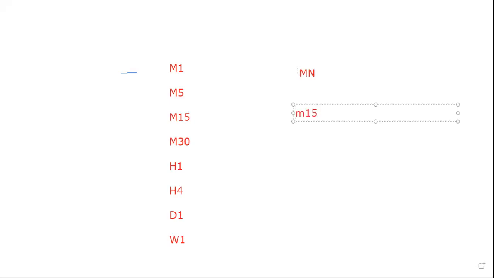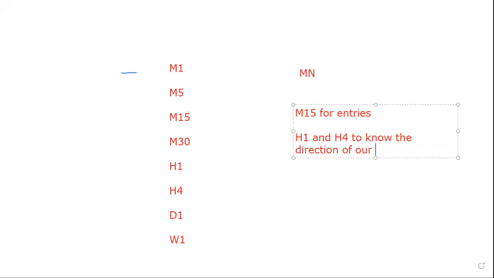We use M15 for entries, and we use H1 and H4 to know our direction, the trend of the market, or our directional bias.